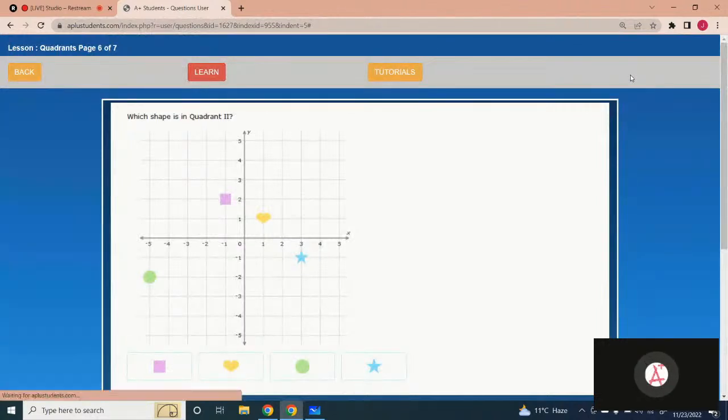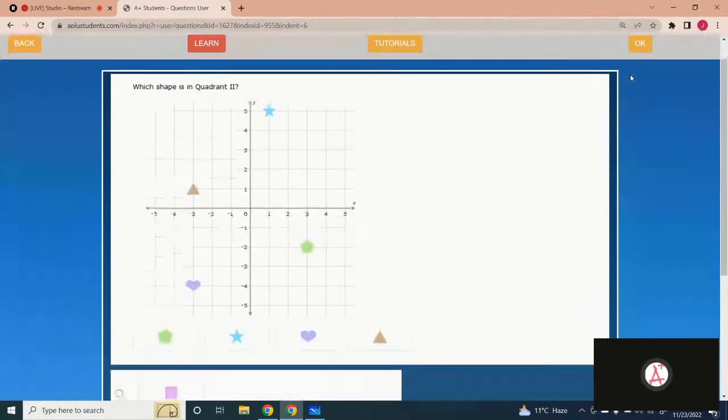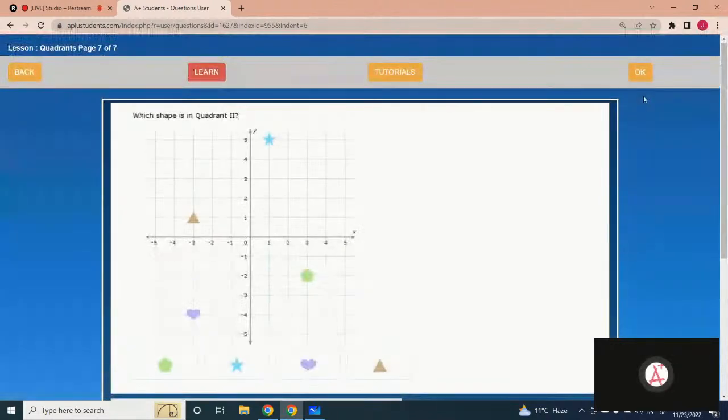Okay, the last one: which shape is in quadrant 2? Which shape is it? Yes, very good. It is again a triangle. Just select the correct option and click on the OK button.